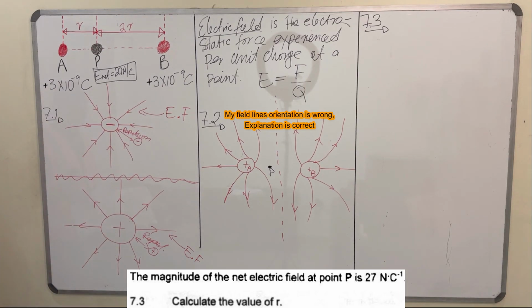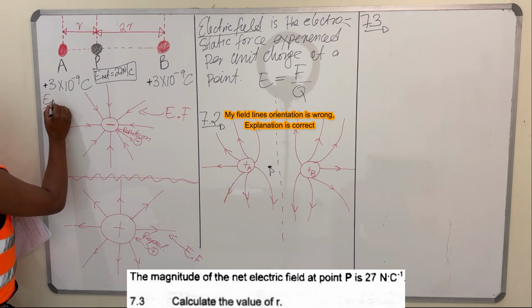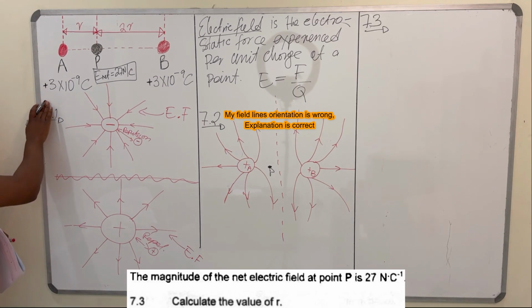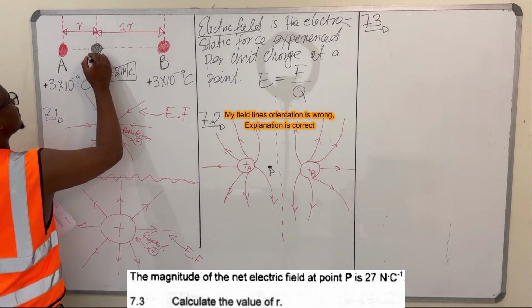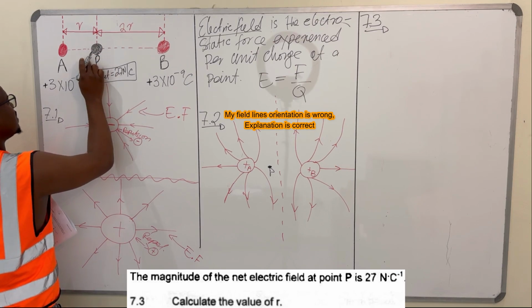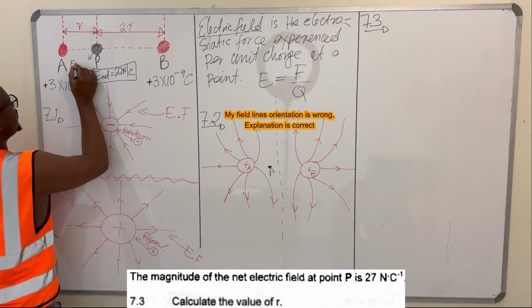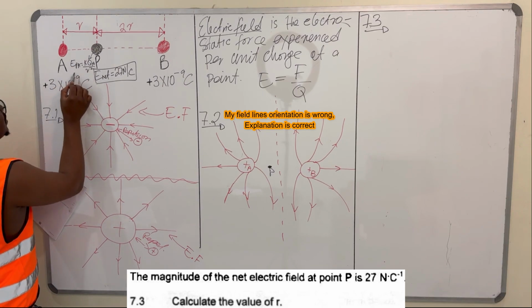So we're given the net electric field at P to be 27 newtons per coulomb. If we want to calculate the electric field at P due to A, it's going to be the electric field at P due to A equals K Q of A all over R squared.